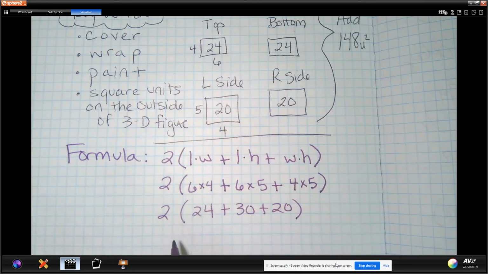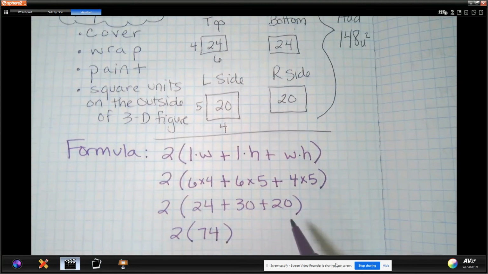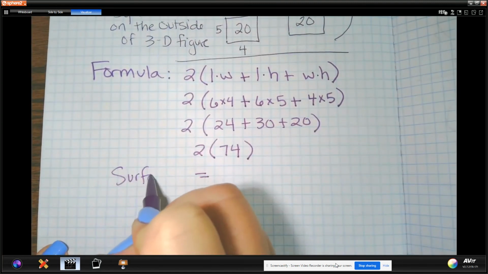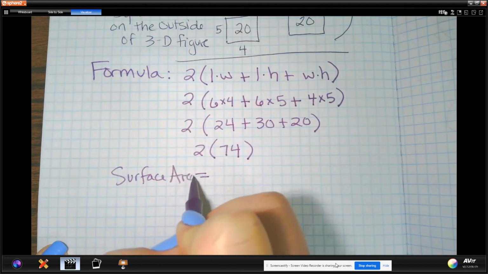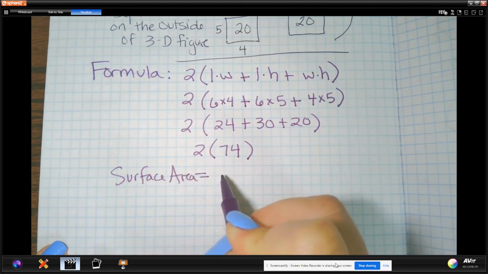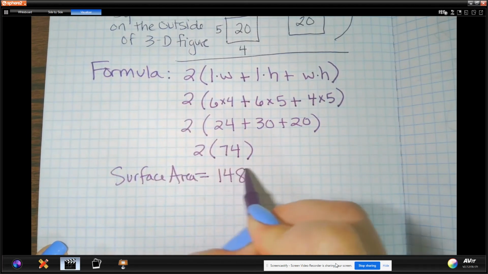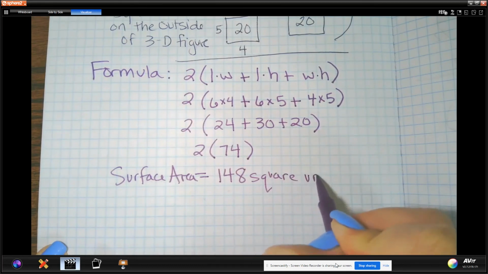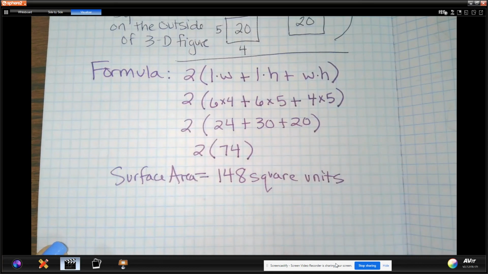And again, all of that together is 74. Final answer for the surface area is going to be 148 square units. The same thing we got with drawing it out.